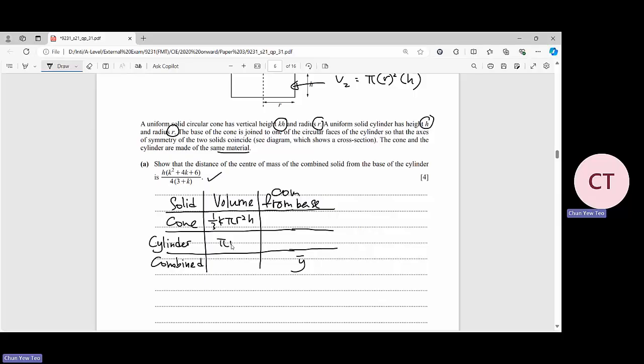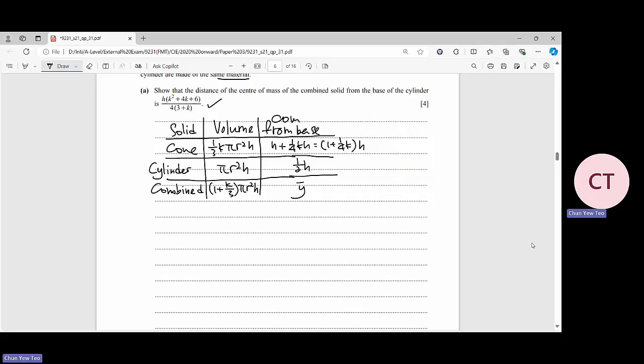This one is pi r squared h. So the combined particle, we can just combine them together to get it as 1 plus k/3 pi r squared h. The center of the mass from the base for the cone is the h plus 1/4 kh. You can make it become 1 plus 1/4 k multiply h. Then for the cylinder, it's just only half of the h. Okay, so the table is done.